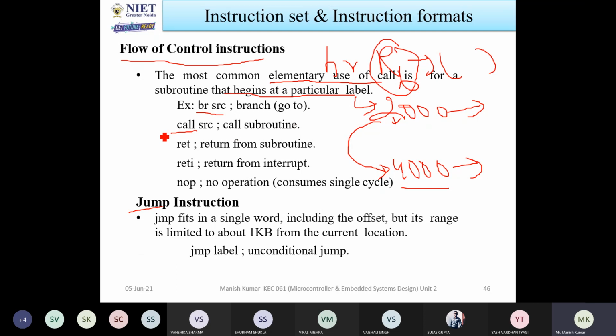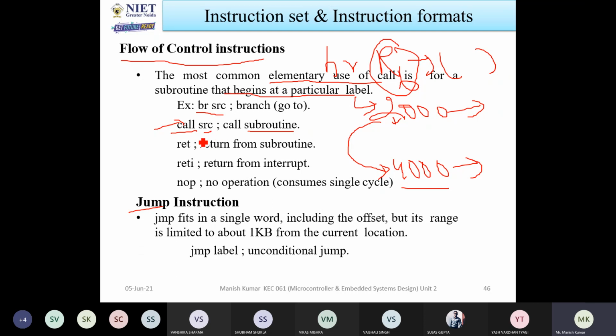Same way, if you are using CALL SRC, it means call subroutine. For the call subroutine, the subroutine address will be stored in the source register. Whenever you are executing the call instruction, the return instruction is also available. इसमें क्या होता है, कोई भी इंस्ट्रक्शन अगर एग्जीक्यूट हो रहा है उसके बीच में अगर कोई भी हम मान लो कॉल करते हैं, तो कॉल करने के बाद क्या होगा, जैसे ही कॉल पे जो इंस्ट्रक्शंस अवेलेबल होगा that instructions will be executed and after that it will return back to the main program.